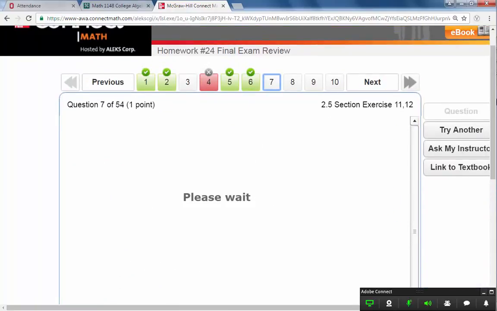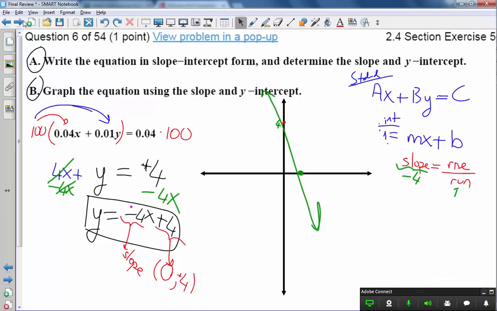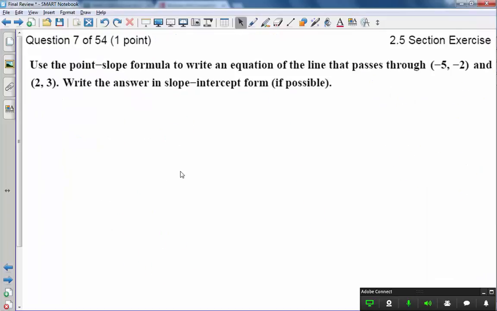Write the equation of the line. What type of equation do you want? Always ask that. With slope? Then you need to put down y equals mx plus b first.